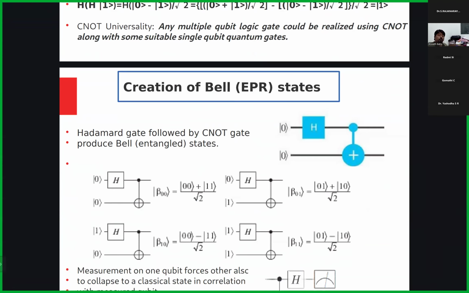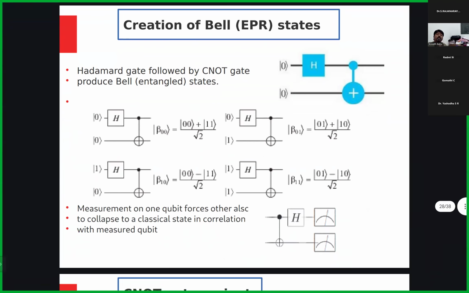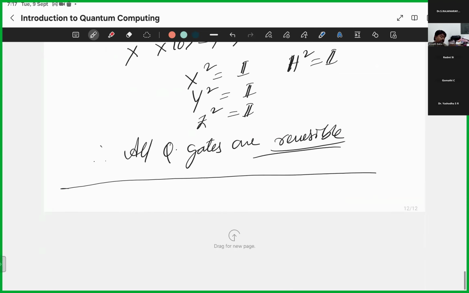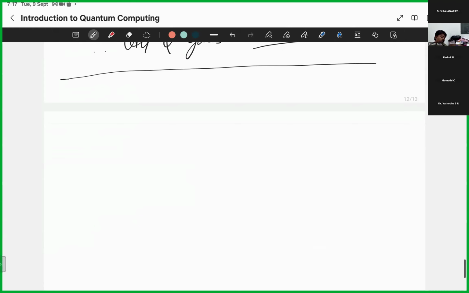Now you can combine two quantum gates and realize a very interesting effect called quantum entanglement. It has been introduced to you already. So I'll just explain the implications of quantum entanglement. For example, let me take a classical scenario.